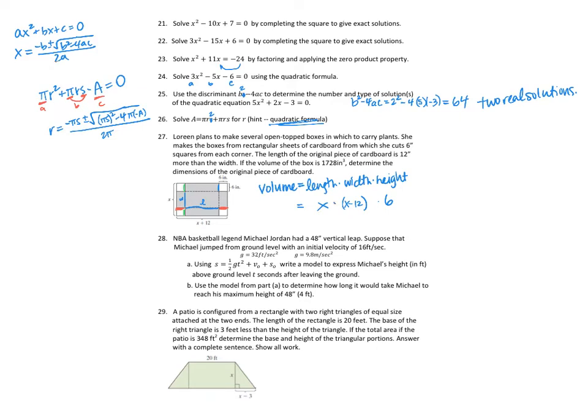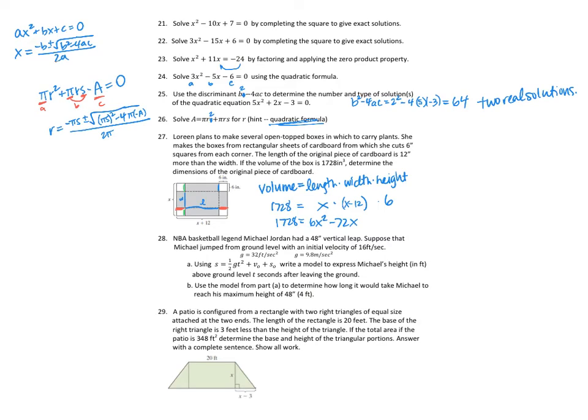And I know the length times width times height is my volume, and that's equal to 1,728. So if I multiply this all out, I'm going to get that 1,728 is equal to 6x squared, and then the x and the 6 both multiply by that negative 12, so I'm going to get minus 72x.